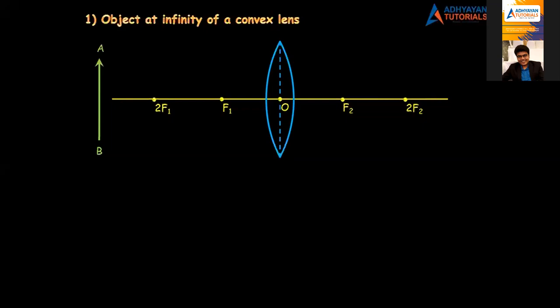Now, quickly take a protractor and draw that convex lens fast. Once you finish drawing the lens, draw the object and draw it the way I've drawn: 1 centimeter above the principal axis and 1 centimeter below the principal axis.